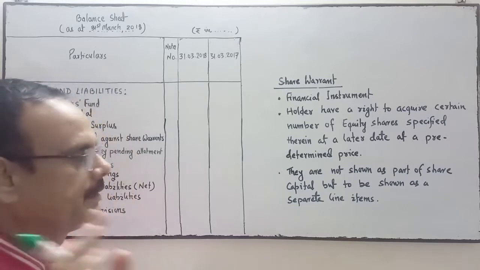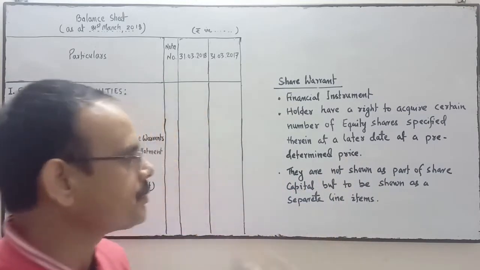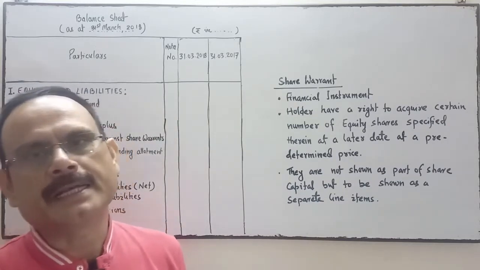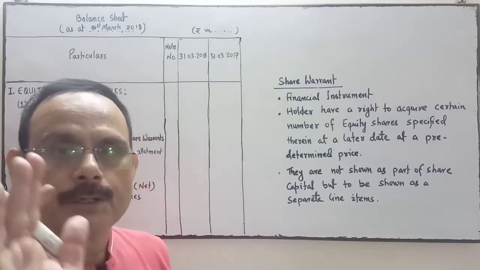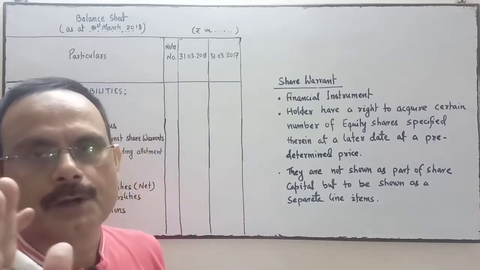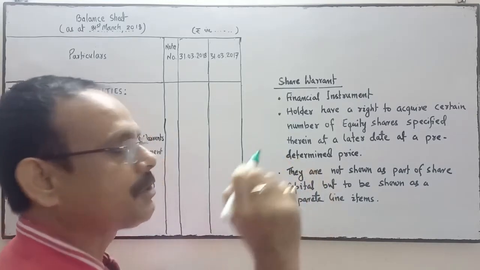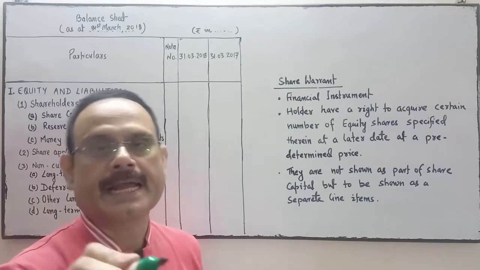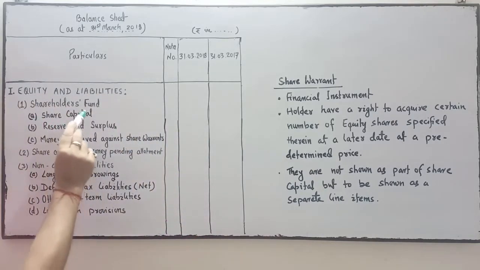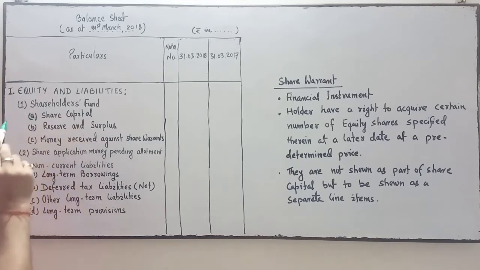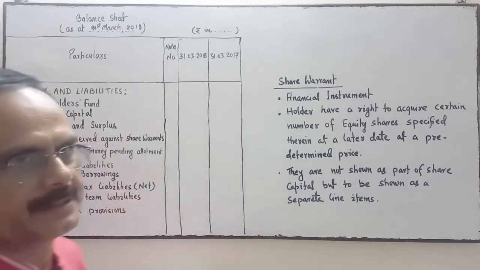Next, they are not shown as part of the balance sheet share capital. They are not shown as a part of share capital, but are shown as a separate line item, money received against share warrants.